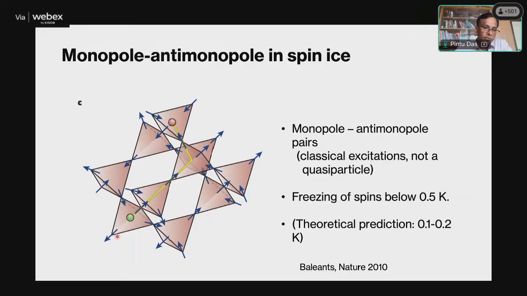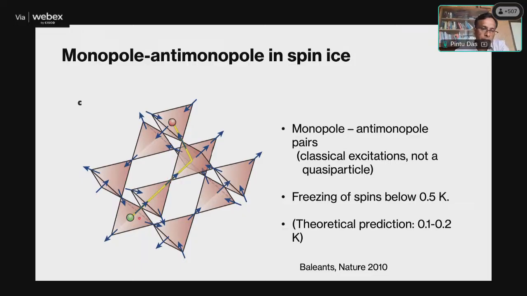However, if one of the spins flips, then this is not zero anymore. This is an excited state, and in that case the charge will be 3 times q, one of these charges here. Since the system wants to remain magnetically charge neutral, another charge of minus 3q will develop somewhere else. Here, this is green and red.